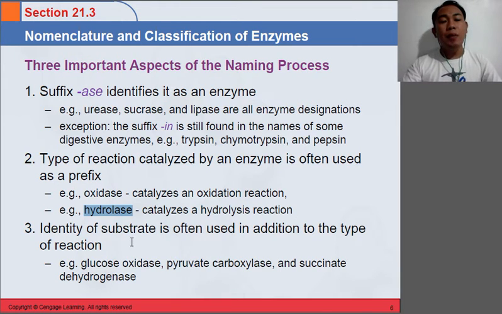The third one is that the identity of the substrate is often used in addition to the type of reaction. Examples are glucose oxidase, pyruvate carboxylase, and succinate dehydrogenase. These are examples of enzymes whose substrate identity is used in addition to the type of reaction.